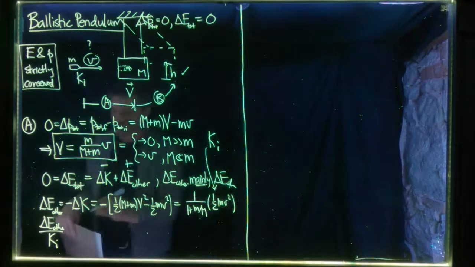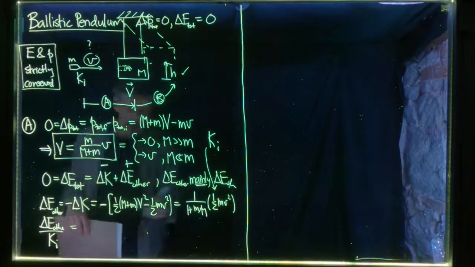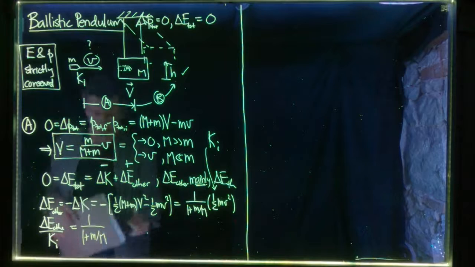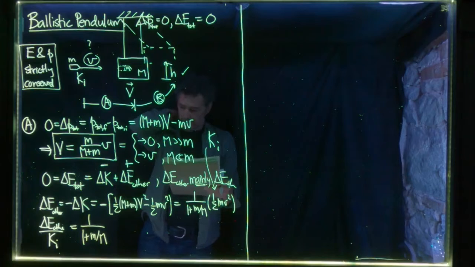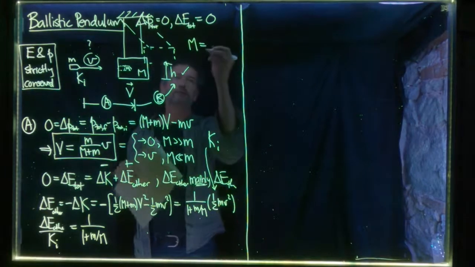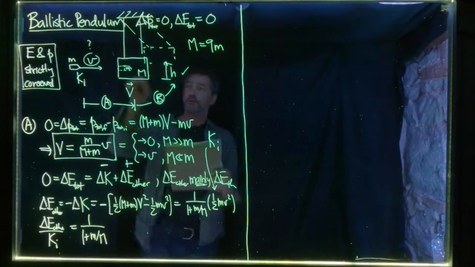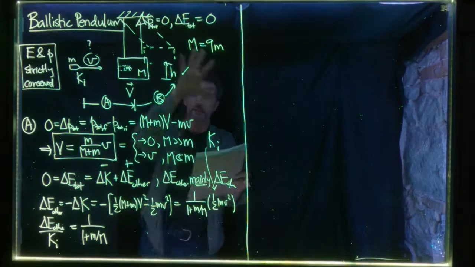Okay, so that ratio, delta E other divided by the original kinetic energy, is 1 over 1 plus little m over big M. And that's interesting. Let's throw some numbers in here. Suppose big M, just to make the numbers work out easily, is 9 times little m. So we want this block to be much heavier than the bullet, around 10 times heavier.